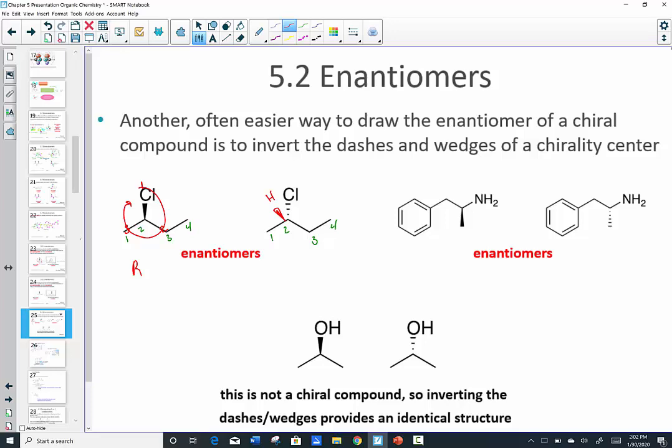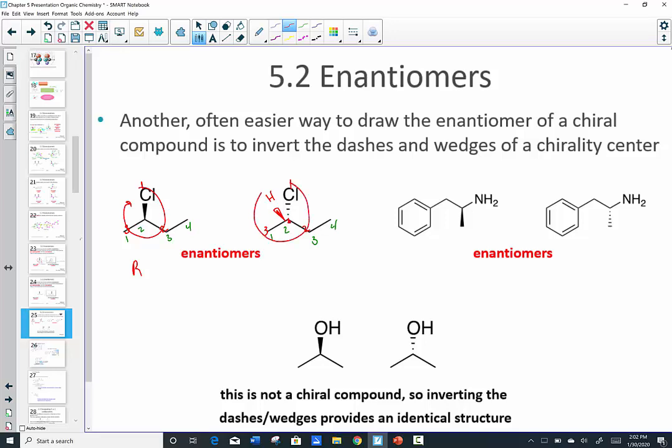It's like walking behind the molecule. The hydrogen is the wedge, the chlorine is the dash. And so now the lowest priority is actually staring behind the page. And so you're looking at the molecule like walking around and seeing its other side. By the time we're done looking at this, priority 1 is in the back, priority 2 to the left, priority 3 over to the left side of that chiral carbon.